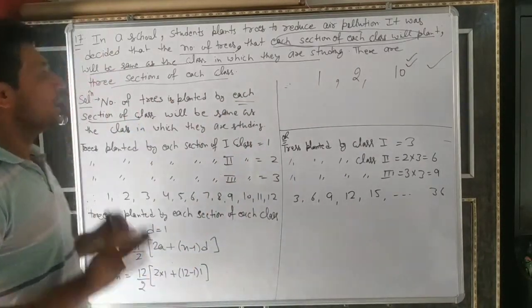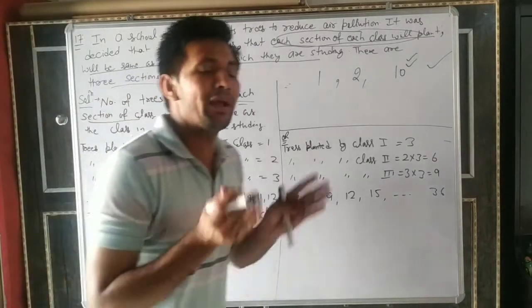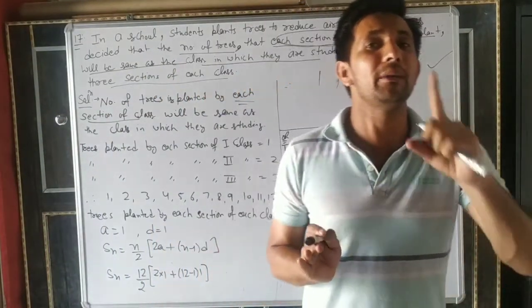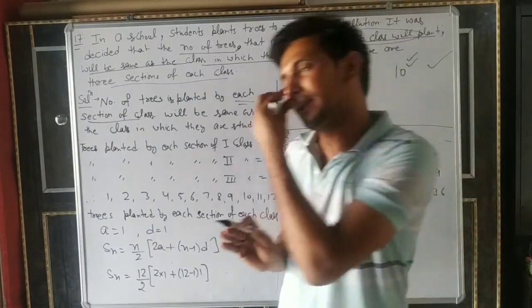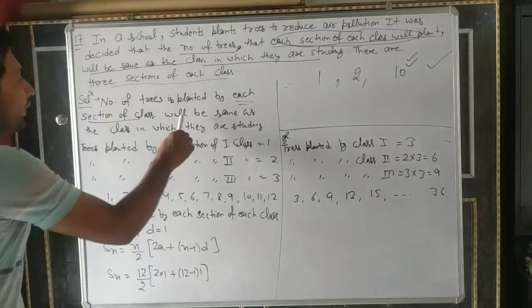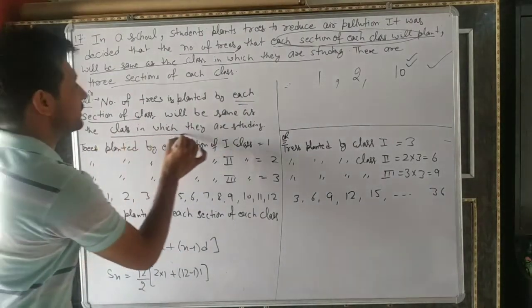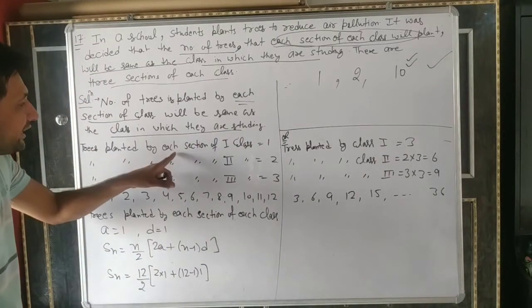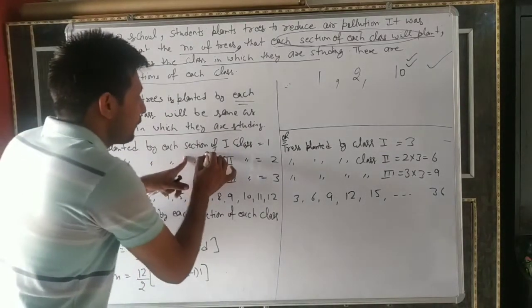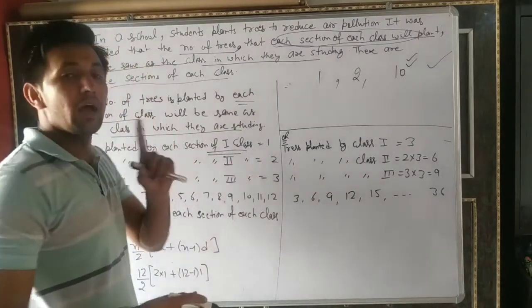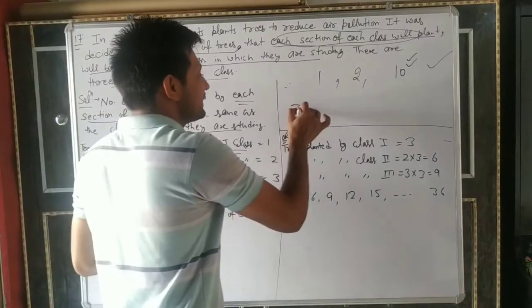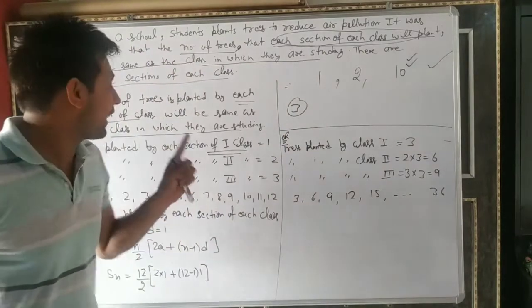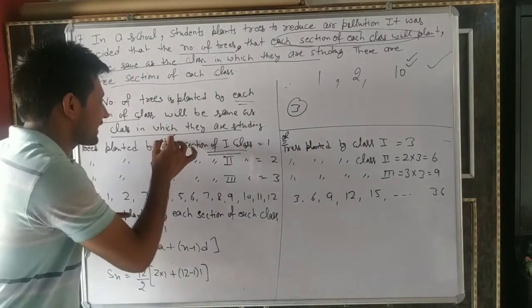Look, first we will find how many trees are planted by each section. The number will be the same as the class in which they are studying. Everyone knows the trees planted by each section of the first class: there are 3 sections, but we are talking about each section.